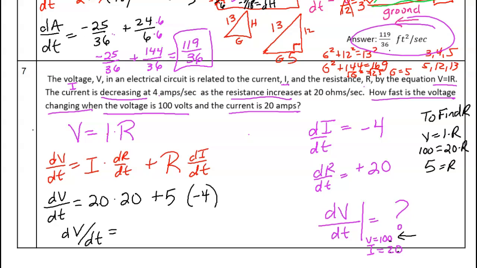So we get 20 times 20 minus 5 times 4. So we get 380. Our voltage is changing. So I guess it's getting bigger. I don't really know anything about that.